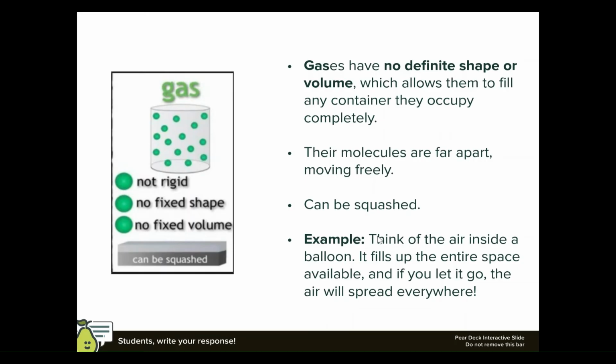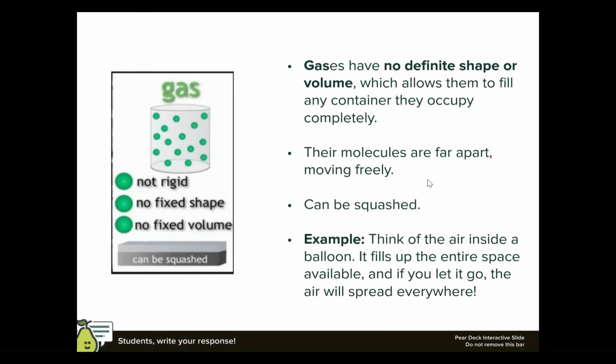Here's an example. Think of air inside a balloon. It fills up the entire space available, and if you let go, that air will spread everywhere. I'm limiting the air to just the balloon, but the moment I open that balloon up, it's going to go in all different directions.